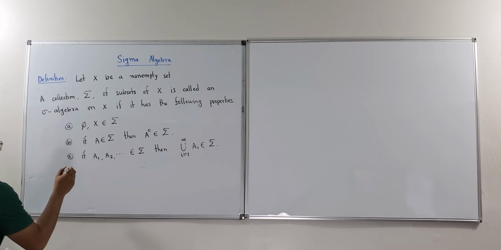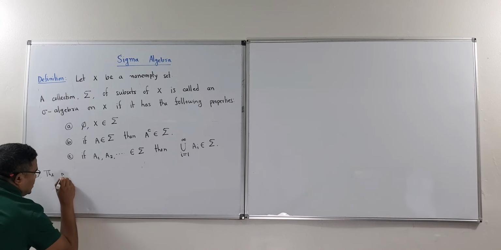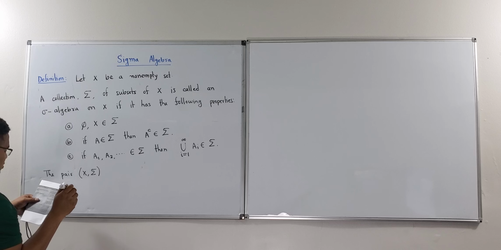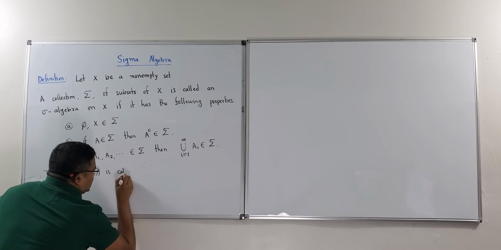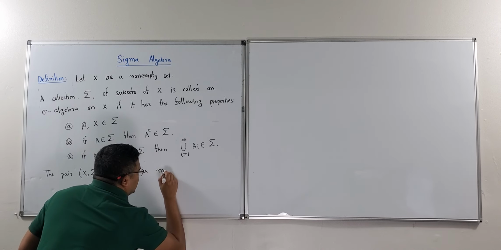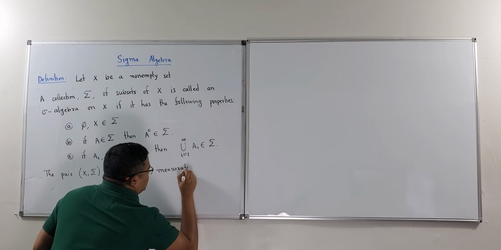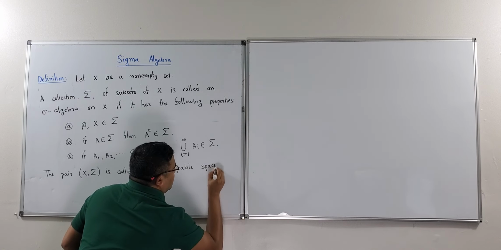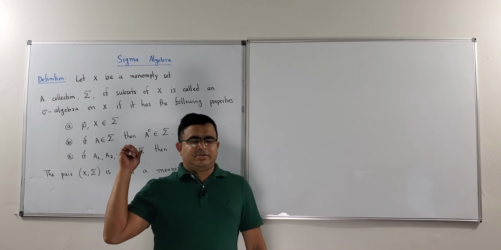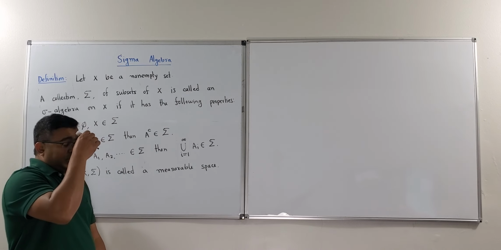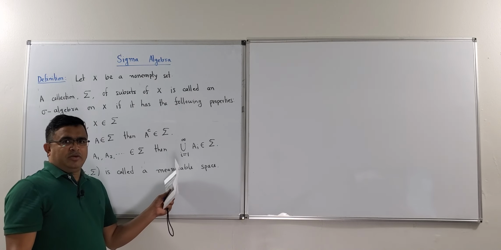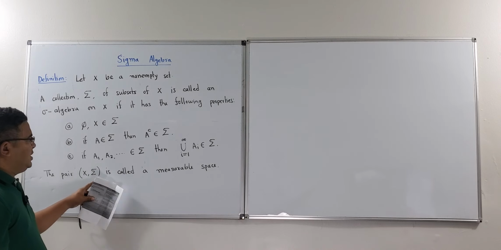And the pair, the set X and sigma, is called a measurable space. When we define probability, we normally need a sigma algebra, because in probability we define events, and the whole probability is 1.